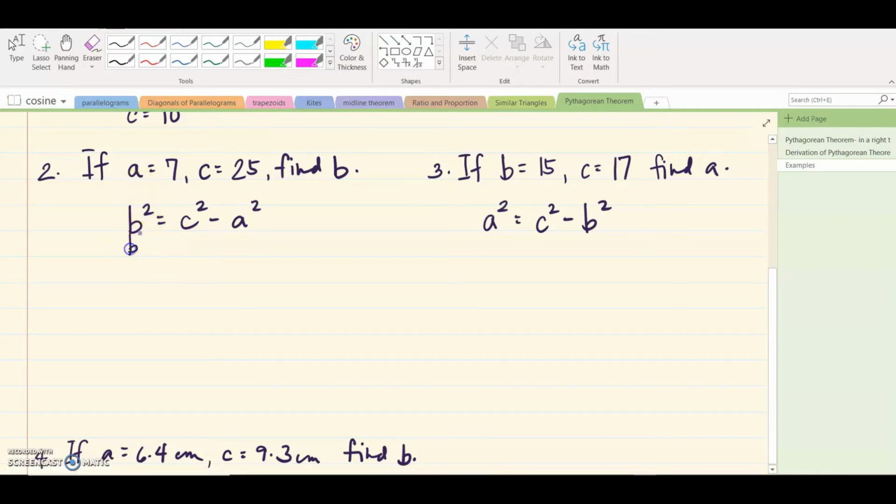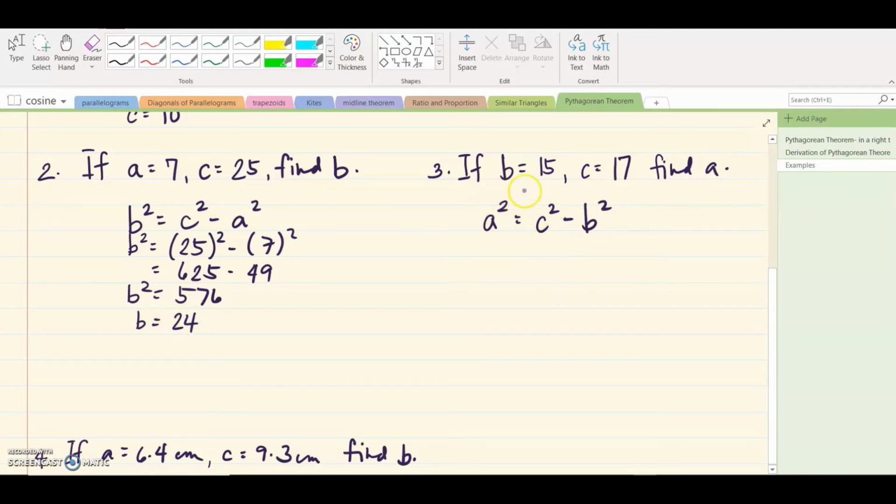So b squared equals 25 squared minus 7 squared. 25 squared is 625 minus 7 squared is 49. 625 minus 49 is 576. Then take the square root of both sides. So b is equal to 24.